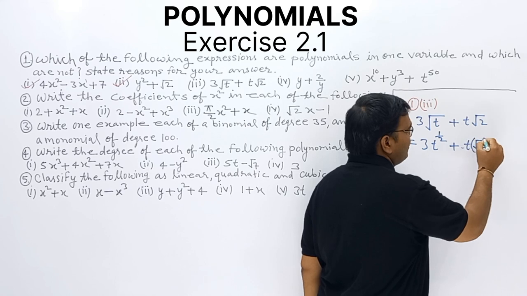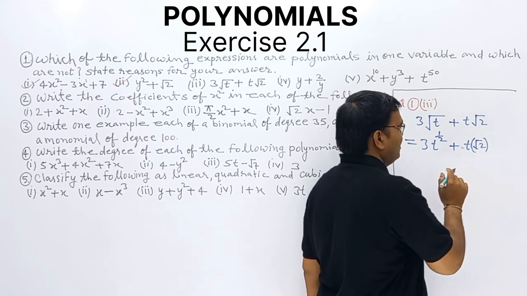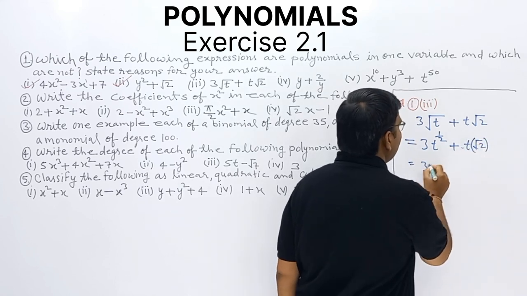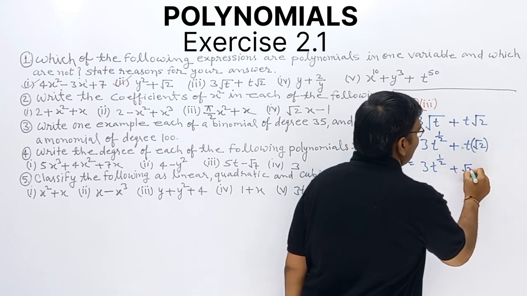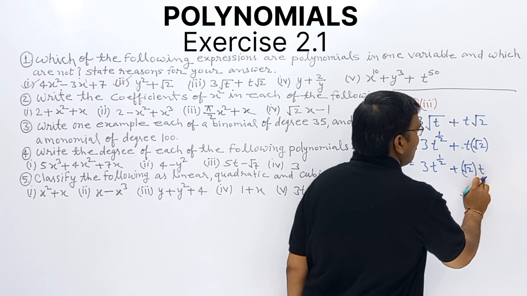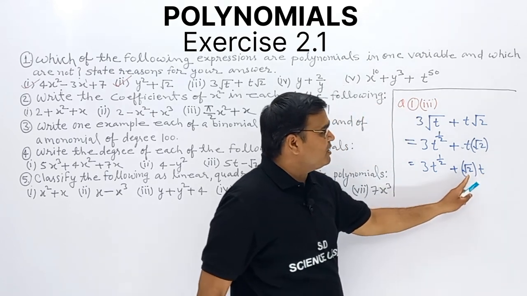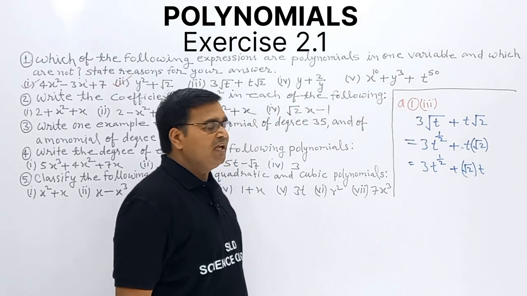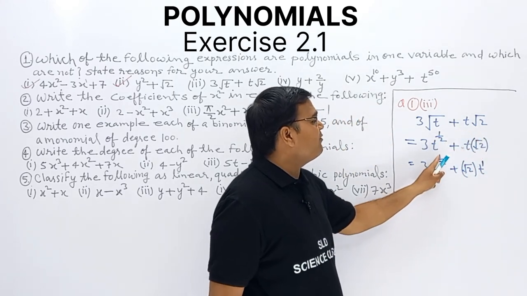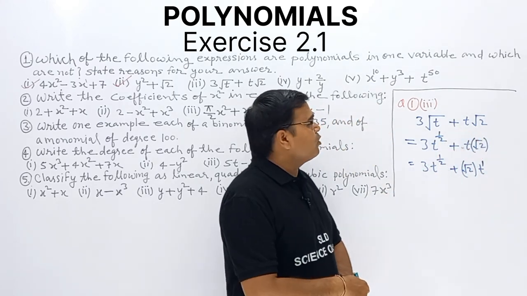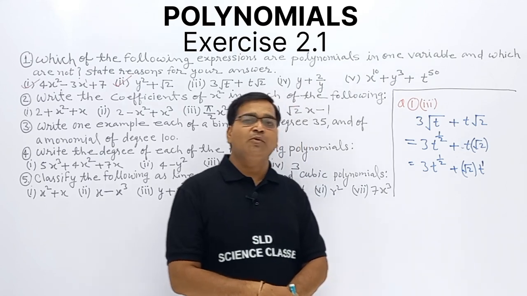One term has t with power 1, the other has power 1 by 2. Is it following the definition of polynomials?